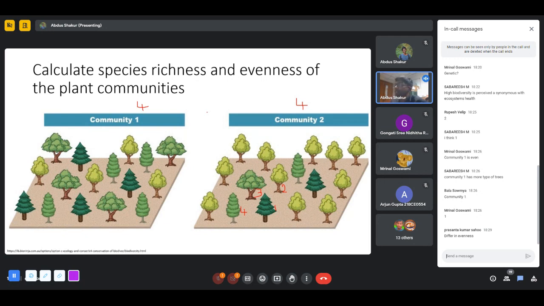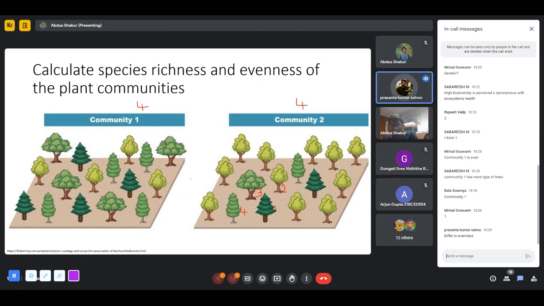Differ in evenness. Yes, you're absolutely right. So, Prashanta, can you just write or say what you mean by evenness here? What are they differing in? Even if you're wrong, I can help you correct it, so don't worry about it. Yes, in the first community, the four species are almost equally distributed.